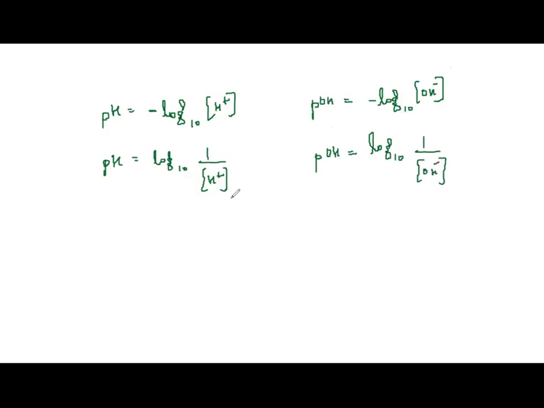Now consider the relationship of the ionic product of water. It says H plus into OH minus is equal to Kw. And what is Kw equal to? 1 into 10 raised to minus 14 molarity. Correct? Take the log on both sides. So how do we write it?